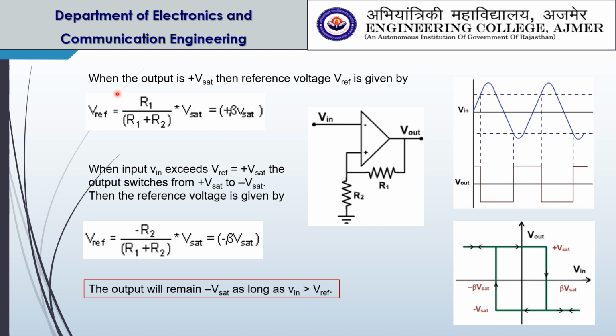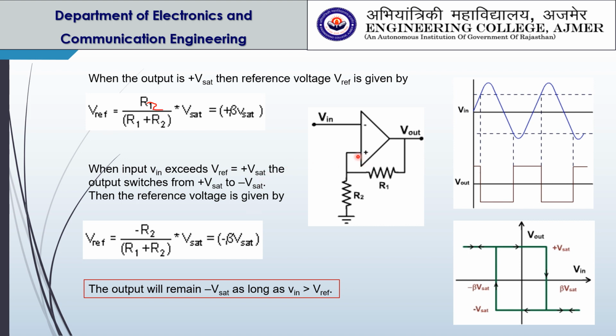When the output voltage is plus V sat, the reference voltage is given by V reference equal to R1 upon R1 plus R2 into V sat. There is a misprint. This should be R2 instead of R1, because the reference voltage is given at this point.